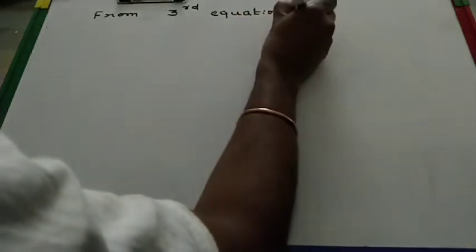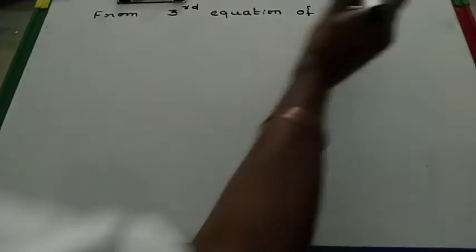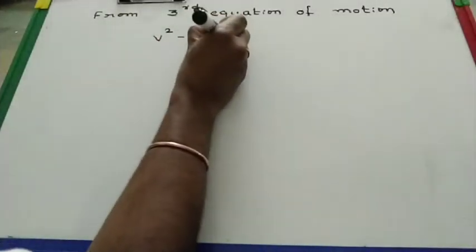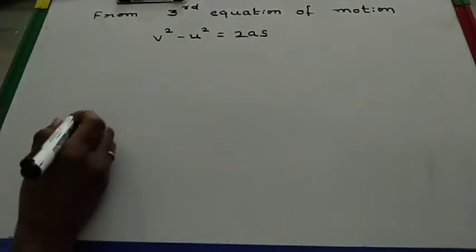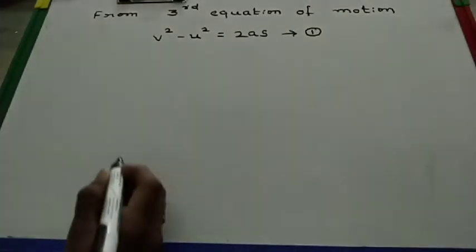But from the third equation of motion, v square minus u square is equal to 2as. Consider this equation number 1.